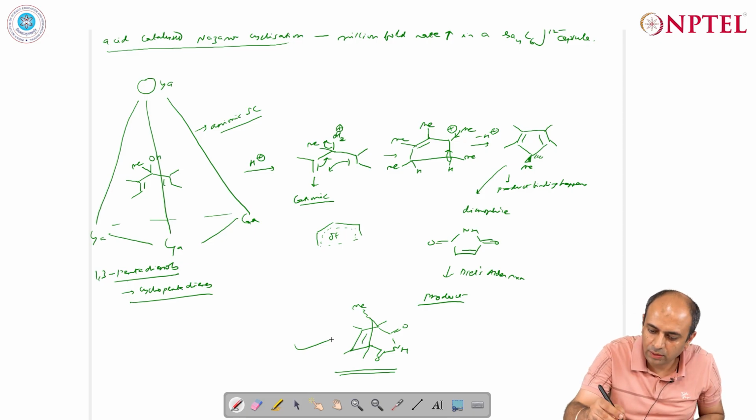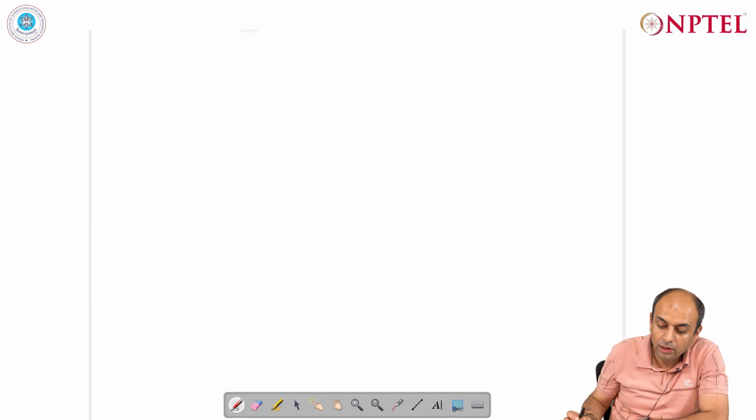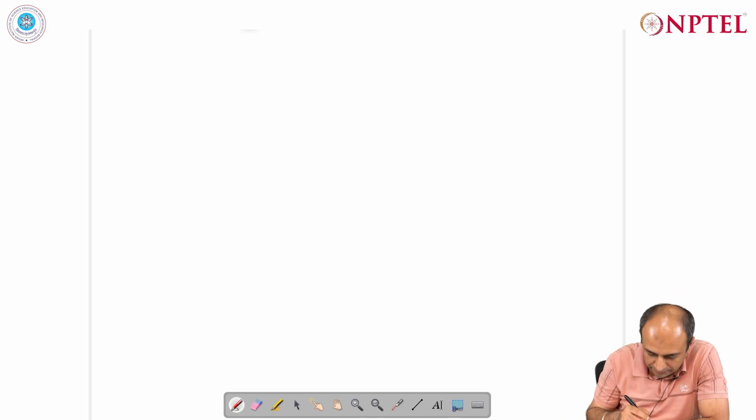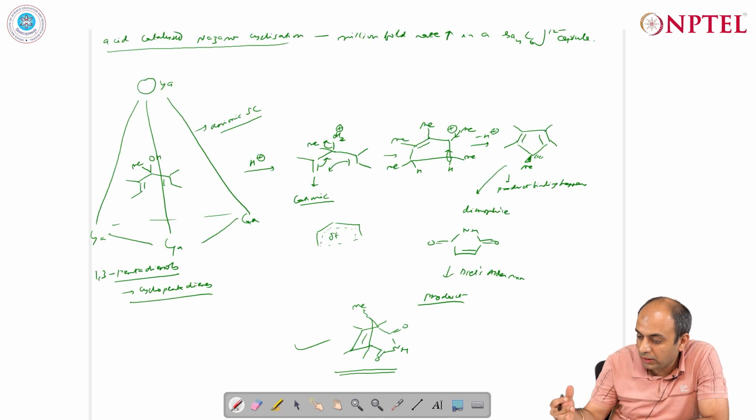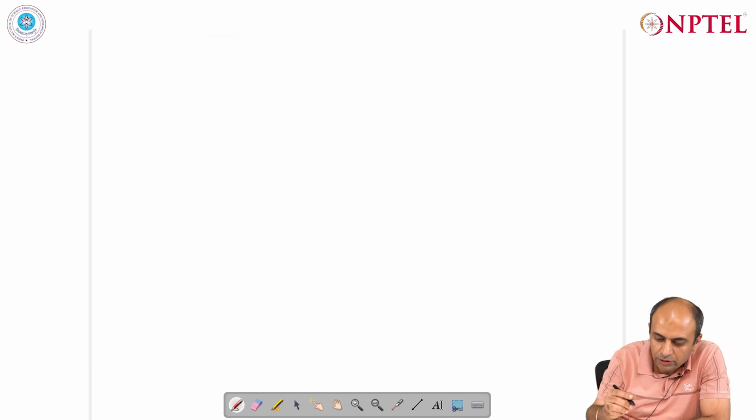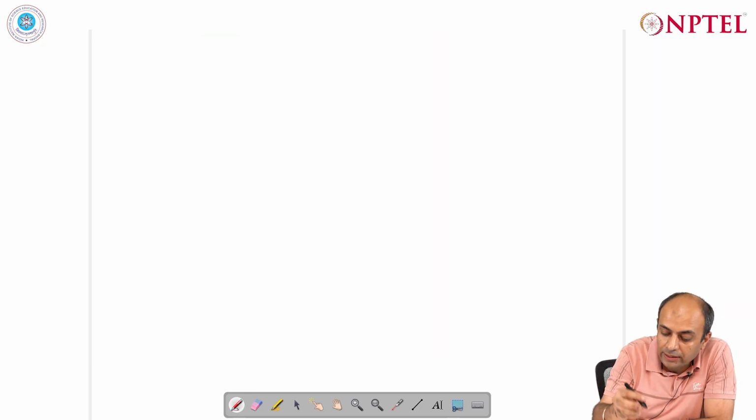Now, we can go to another example of the effect of a cage. Just like a cage, as we saw in a previous case, can be used to enhance the rate of the reaction, a cage can also function as a reaction inhibitor.